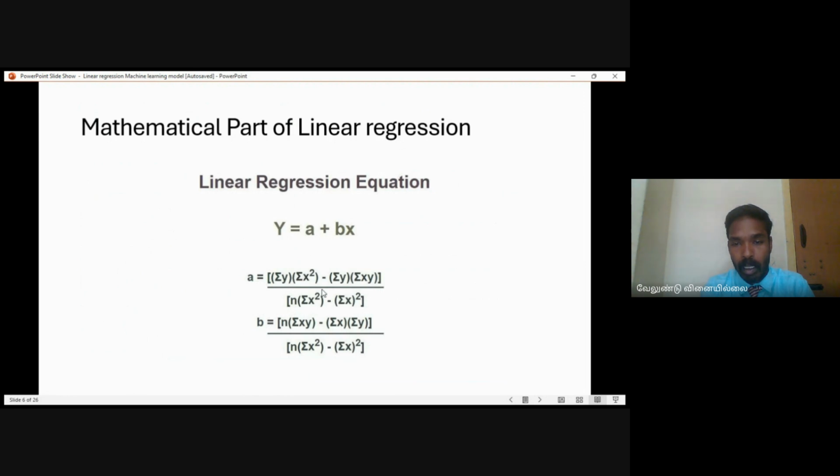You can see clearly these are the cross-correlations, and there are also autocorrelations. So the intercept and the slope of the equation are calculated and derived from the correlation function. So the regression is derived from the correlation function. That is a beautiful idea of the statistical approach in the mathematical part of linear regression.